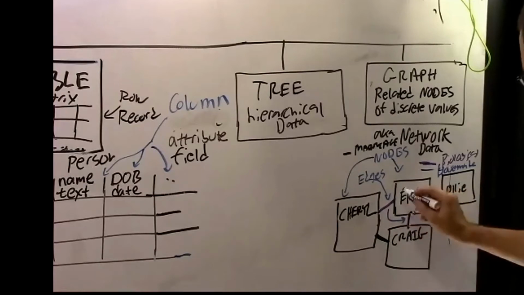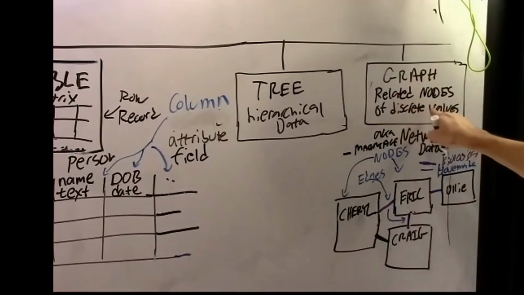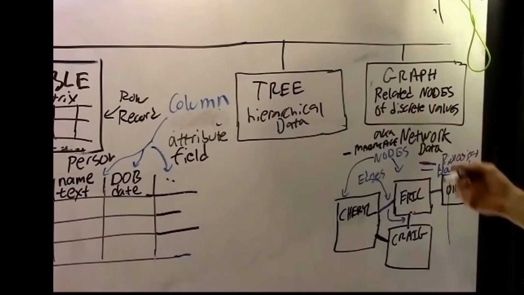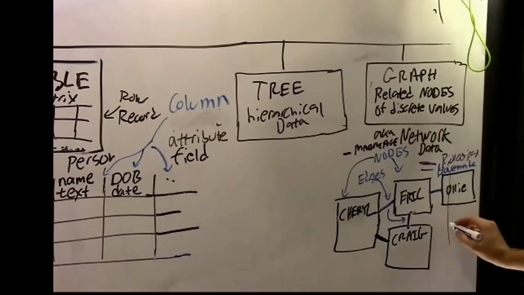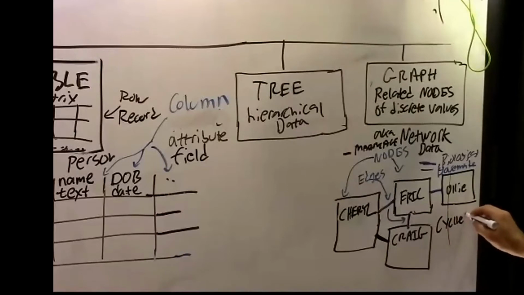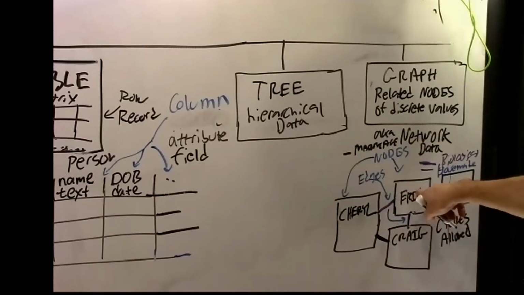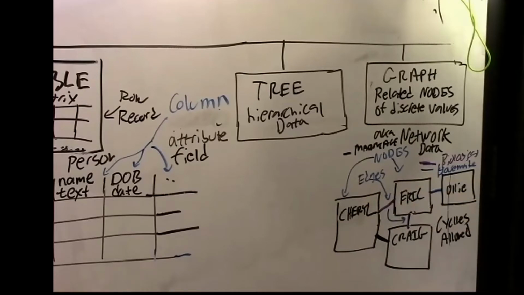So what's important is graphs are related nodes of discrete values, and at the most general form, cycles are allowed, meaning we can get back to an original node by following the edges.